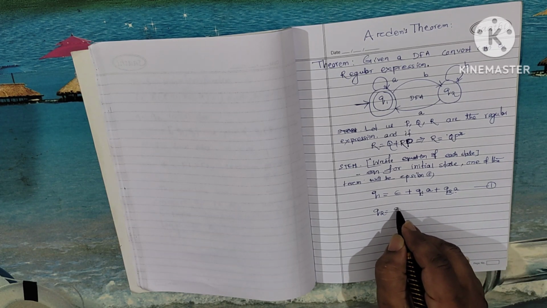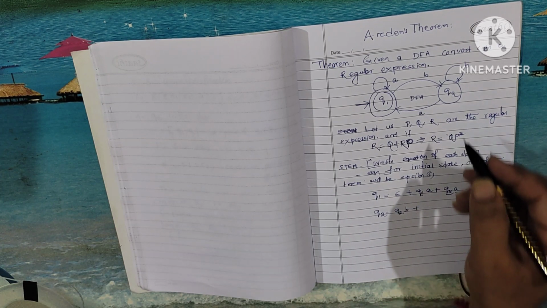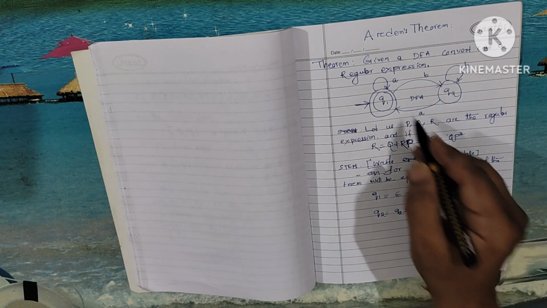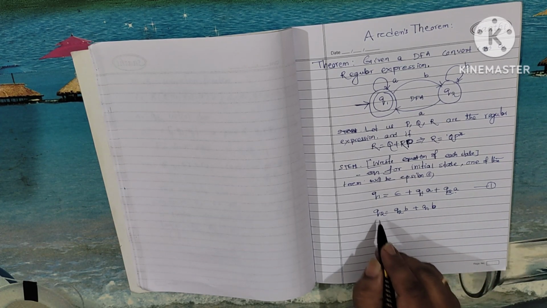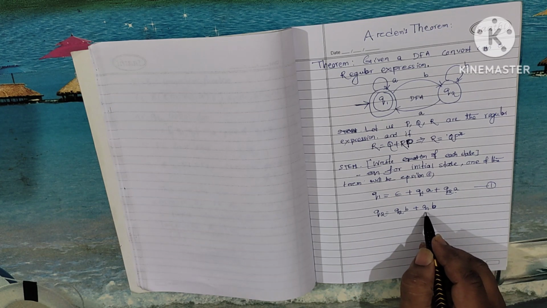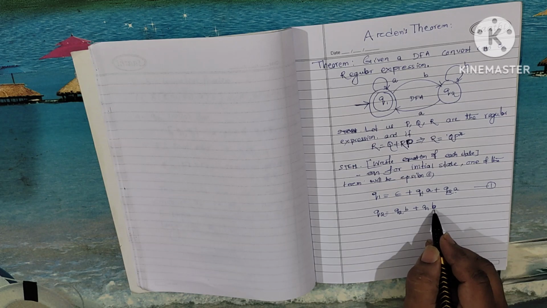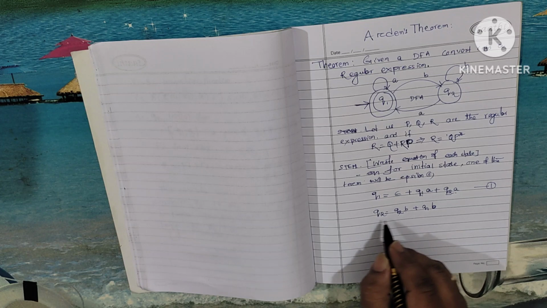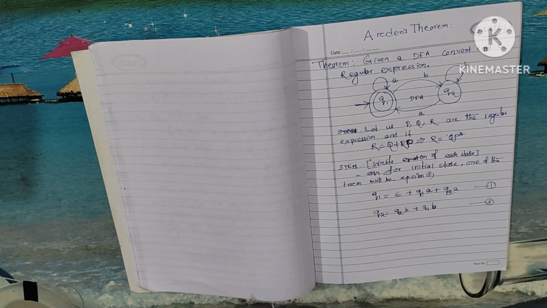We can write Q2 B plus Q1 B. That is input from Q1: on input B it goes to the Q2 state. From Q2 state on input B it comes to the Q2 state. So this is equation number 2.